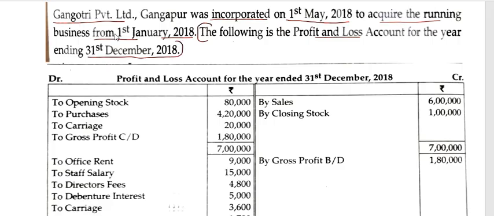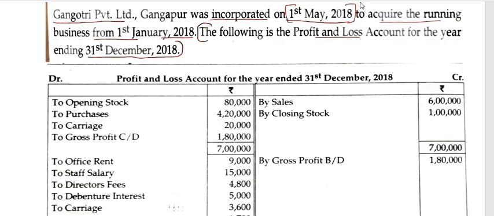Now how to solve a profit prior to incorporation example. The income and expenses will be given, and we have to distribute or allocate them on the basis of time ratio, sales ratio, and there are some income and expenses which are only applicable to pre or post. To work out the time ratio and sales ratio, we have to see the incorporation date, so these dates are very important.